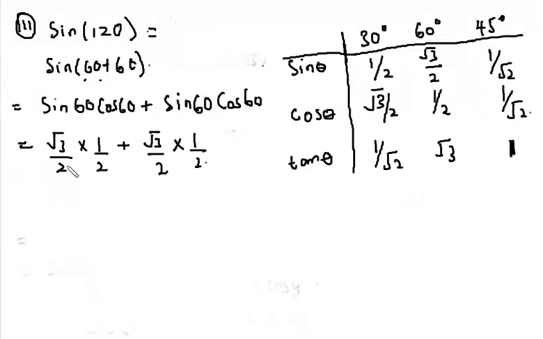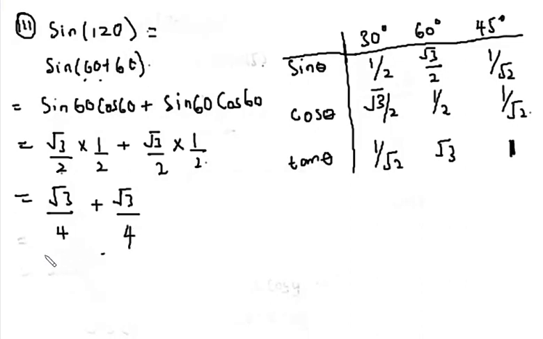So the numerators here, root 3 times 1 is still root 3. Denominators 2 times 2 is 4, plus numerators here is root 3 times 1, which is still root 3, divided by 2 times 2, which is still 4.